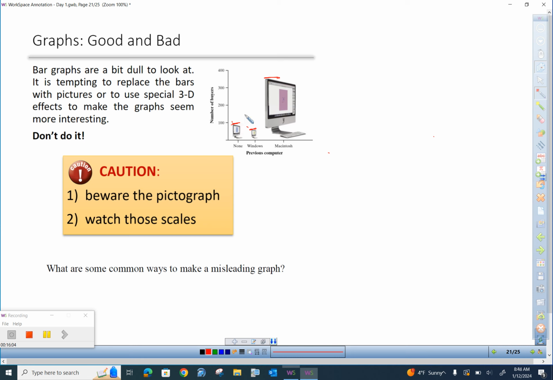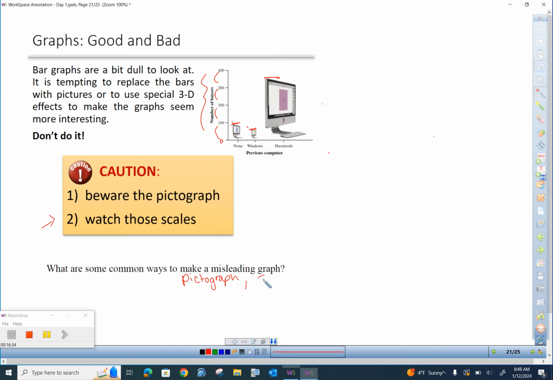Okay, another thing we want to pay attention to is the scale. Your y-axis should be labeled, and when it's labeled, it should always start at 0 for one variable statistics, and the scale should be equally distributed, meaning you're counting by the same number each time. So some common ways to make a misleading graph is you can use a pictograph to skew the size.